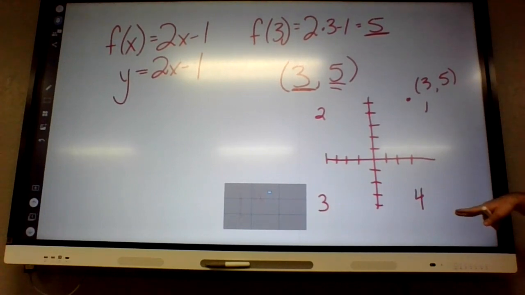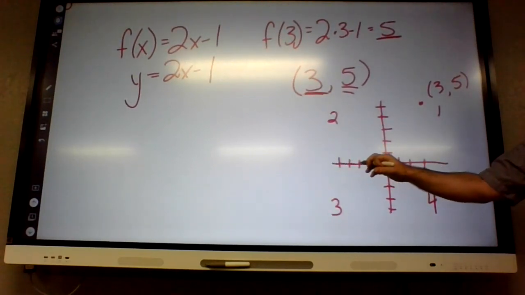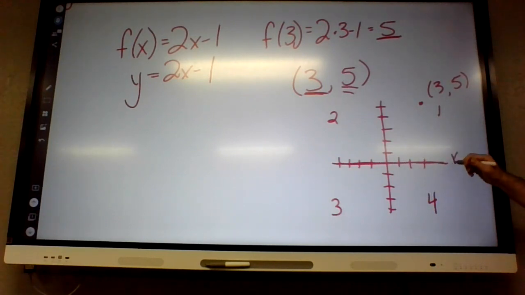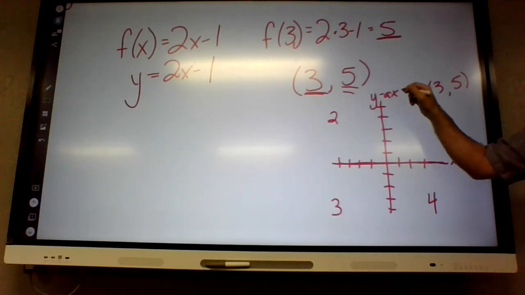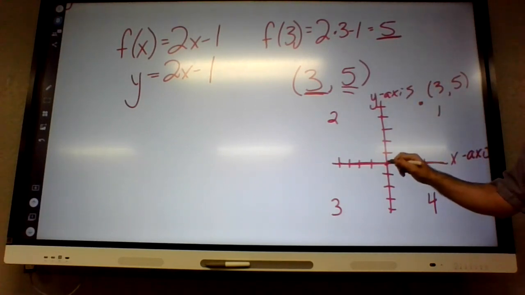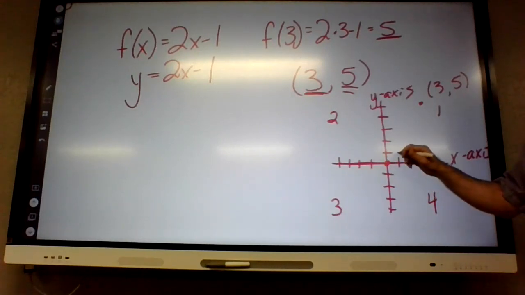Rude. Okay. What's this line called right here? The x-axis. This is the y-axis. The point in the middle is the origin.